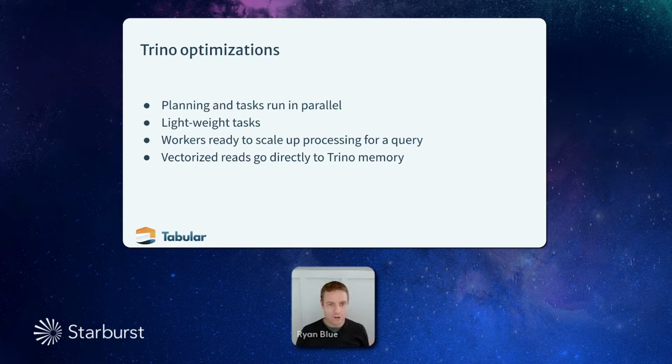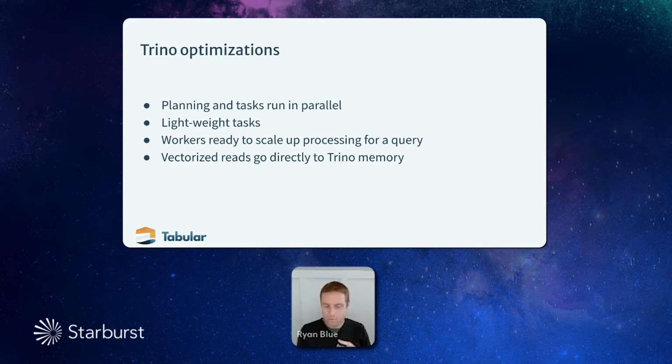So everything is super lightweight. You send it over, and that worker starts working on a task right away. And so that's just one of the things that Trino is doing in this case to take that hour of runtime down to 5 minutes.